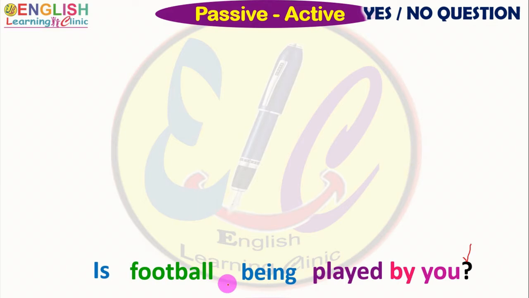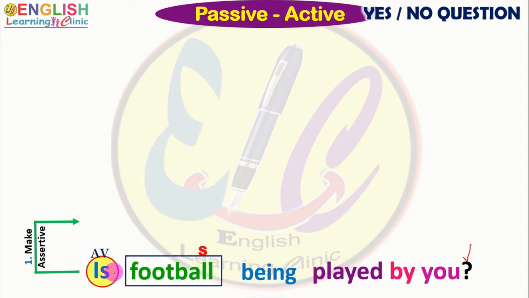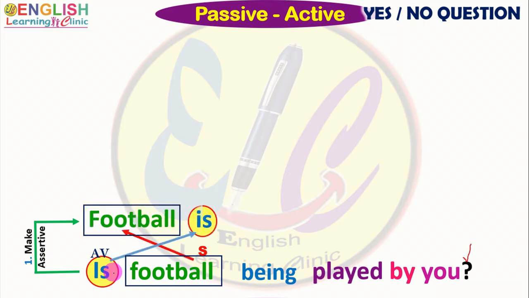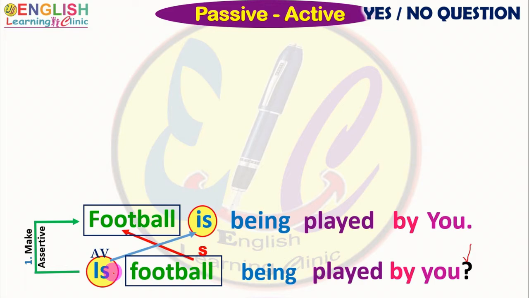And to change the voice of the verb, just first make it assertive. To make it assertive, you have to just interchange the place of the auxiliary verb and the subject. That is, football will come first, next auxiliary verb is, and the rest part will come one after another. This is the assertive sentence.